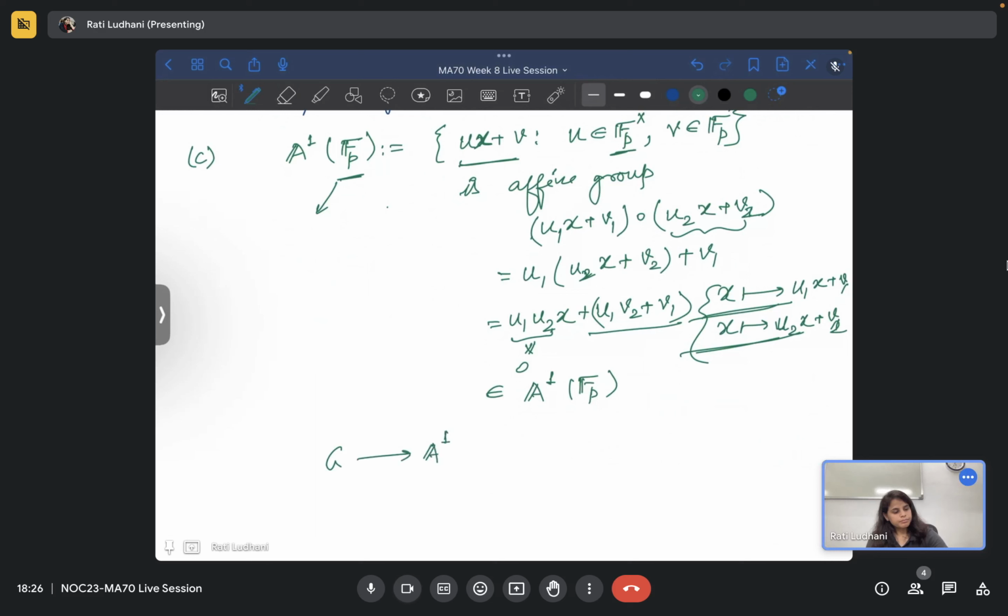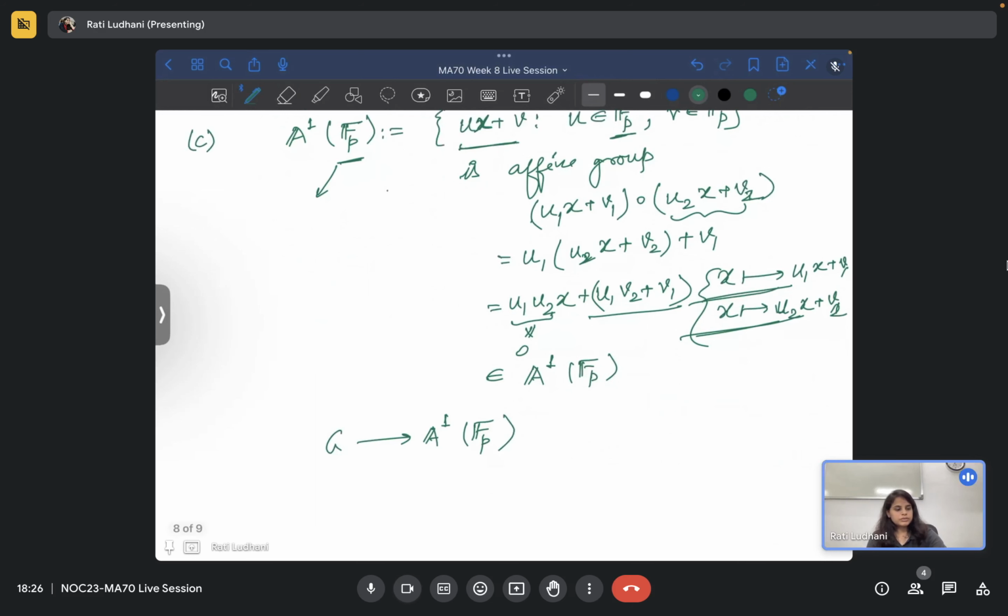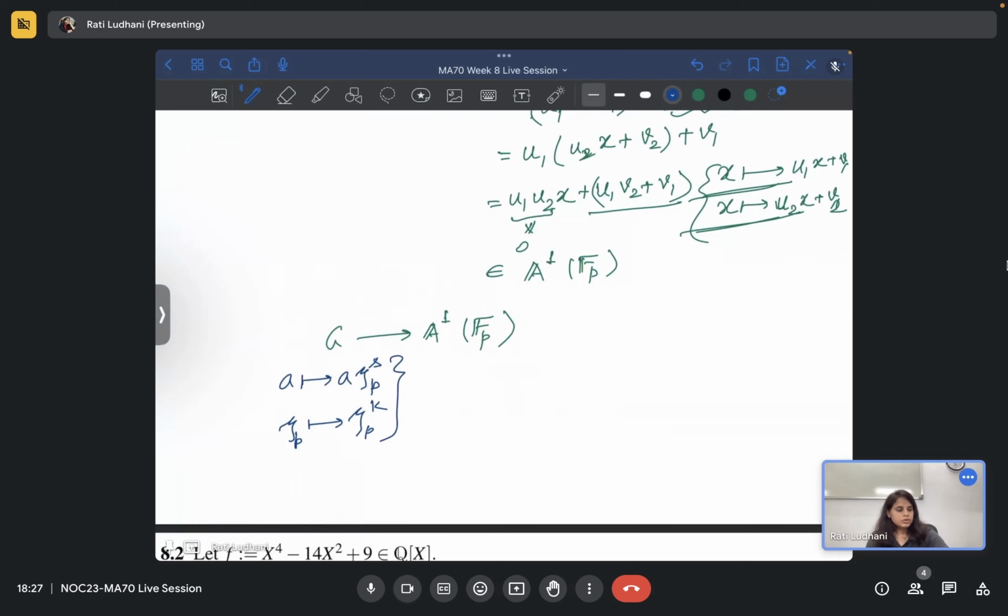Now you have been asked to map this to this, so define a canonical isomorphism. Why do we say canonical isomorphism? Earlier we saw that A maps to zeta p raised to the power s, and zeta p maps to zeta p raised to the power k. Any sigma is like this, and it maps under this canonical isomorphism.